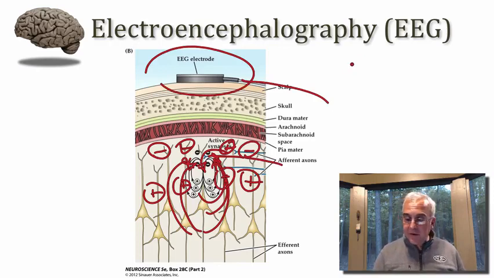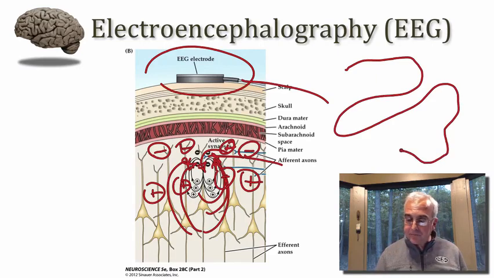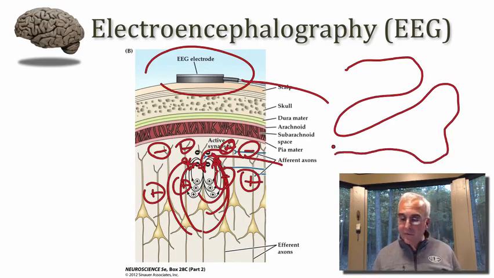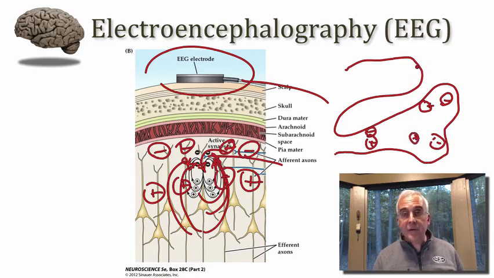Now obviously, as the sulci of the cerebral mantle fold in upon itself, it's going to be very difficult to record dipoles that are buried in the depth of a sulcus. So electroencephalography really is limited to these more superficial dipoles that are present on the crests of the gyri of the cerebral hemispheres.